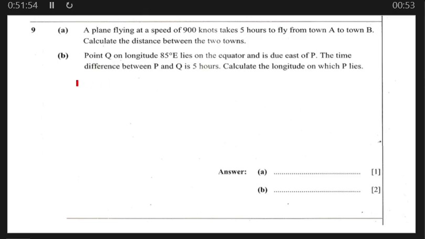Speed in knots is nautical miles per hour.